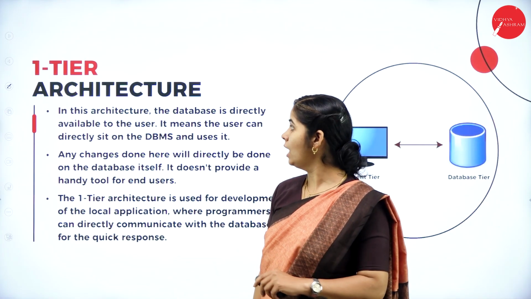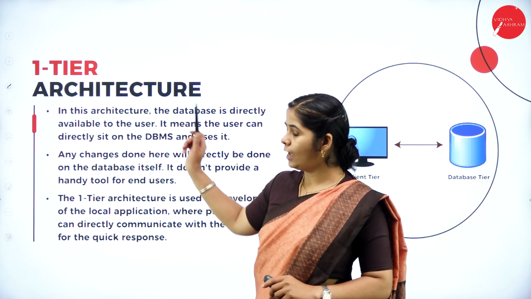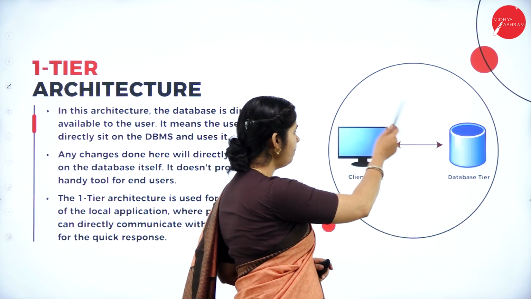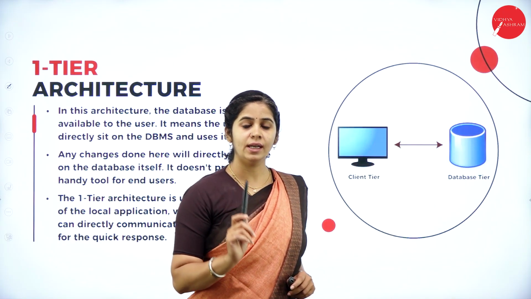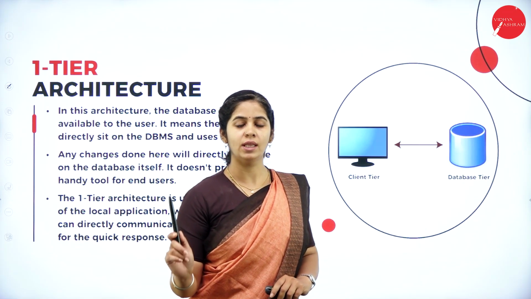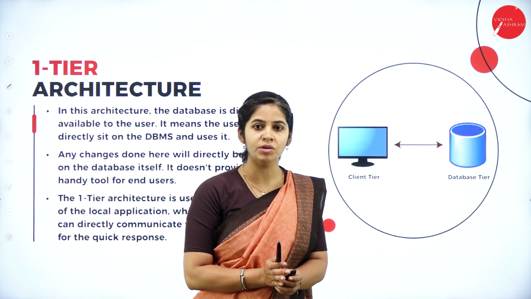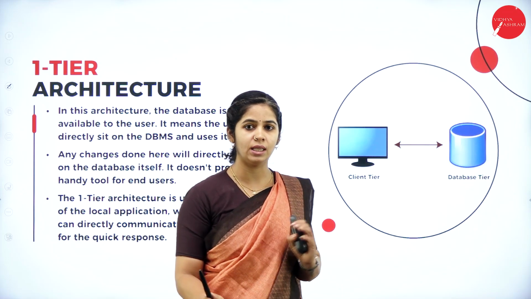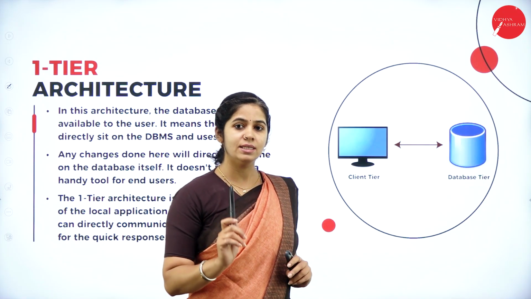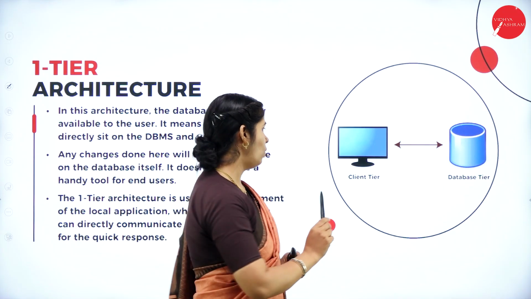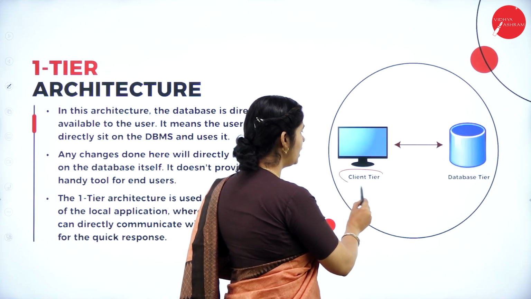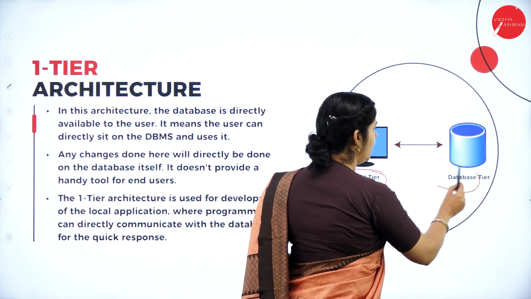What is 1-tier architecture? Here you can see the 1-tier architecture, the client directly deals with the database. There is no intermediation between the database and the client. That is a single transaction. Here we have a client, here we have a database.